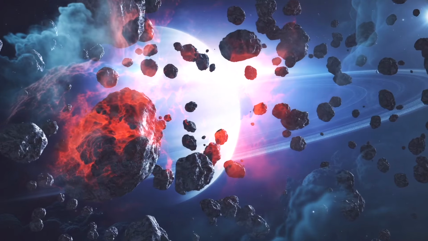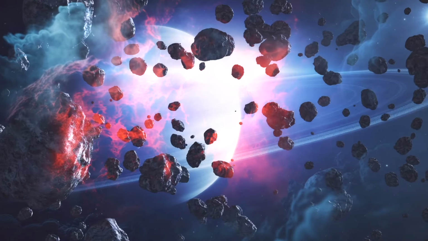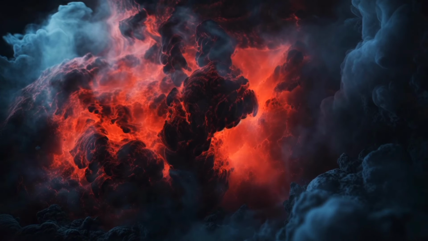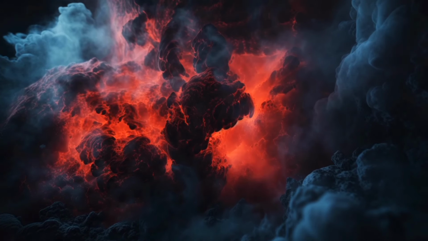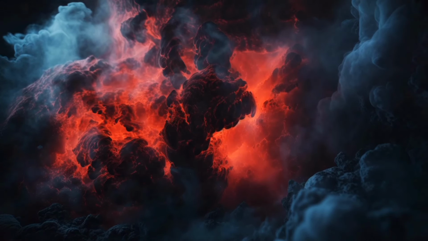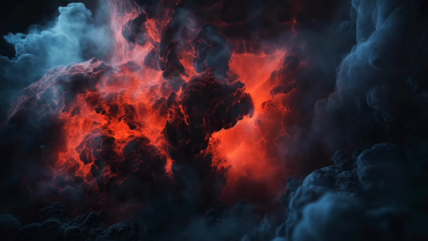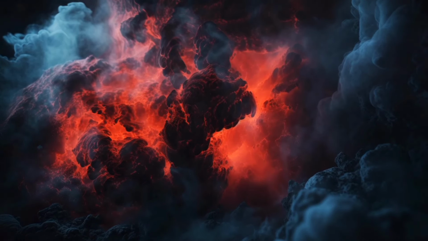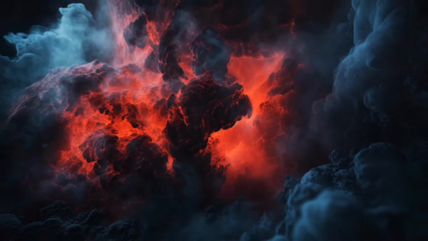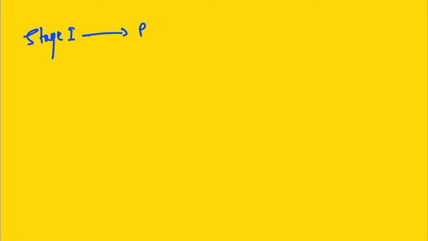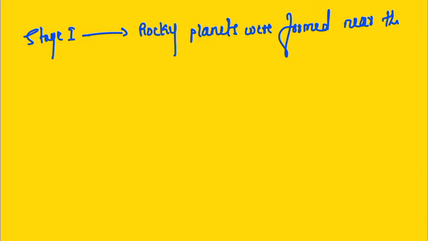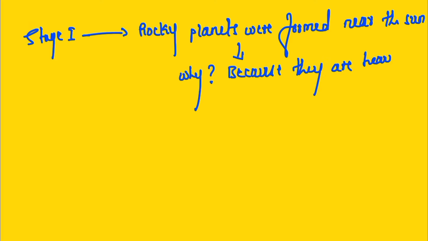So as these gases and cosmic dust and small rocks were pushed outside, these gases started combining together outside the heavy influence of gravity of the sun, and they started forming different types of planets called gaseous planets. So in the first stage, heavy rocky planets were formed. These were near the sun because they were heavy and had huge gravity, hence they were near the sun.